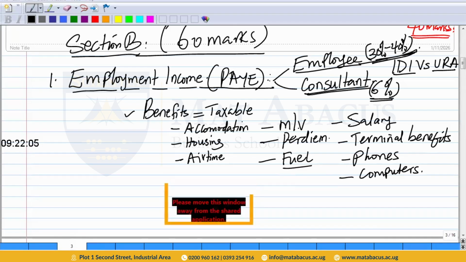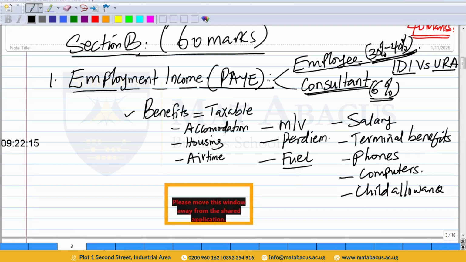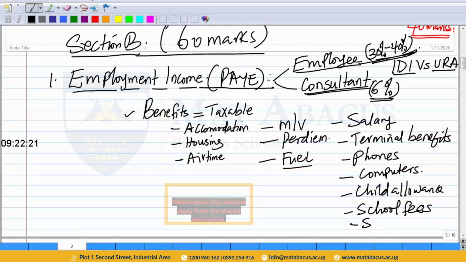They may be given child allowance, like Emily is saying. Thank you, Emily. Child allowance. They may pay school fees for your children, and also maybe school fees for yourself.